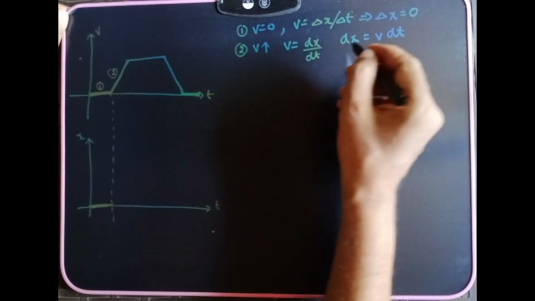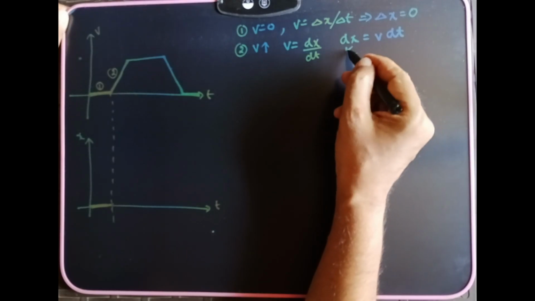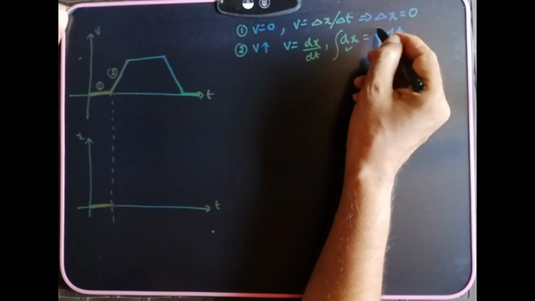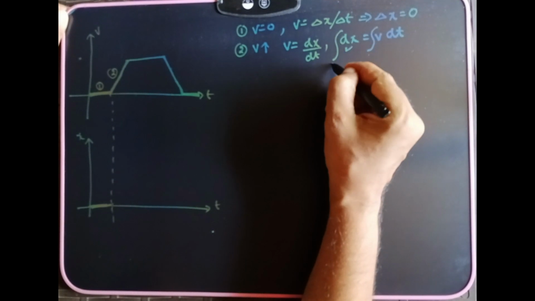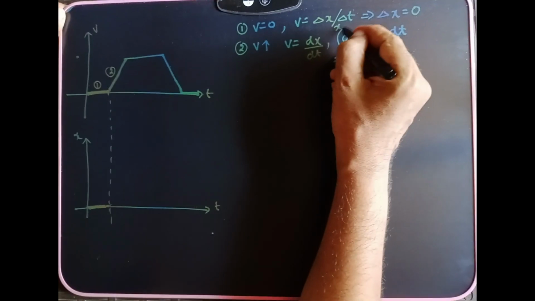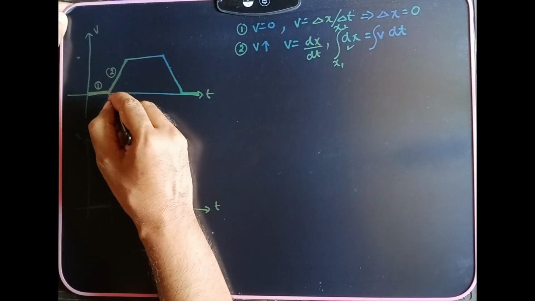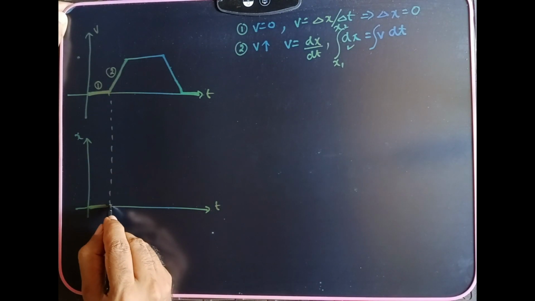So I need to know displacement. So how will I find out displacement from this equation? I need to integrate both sides. So for dx it will be x1 to x2. And we know clearly that x1 is this position here. This is x1 when it is 0.